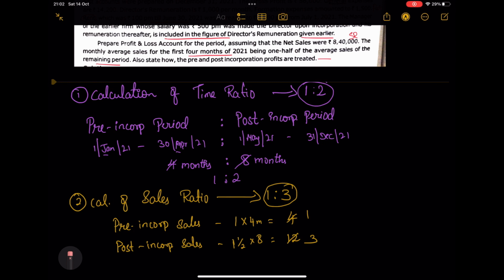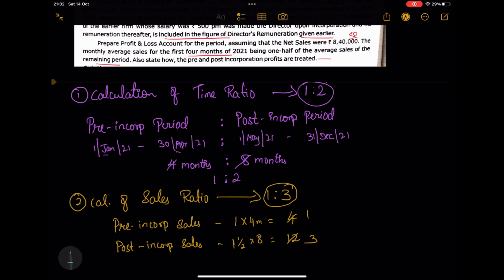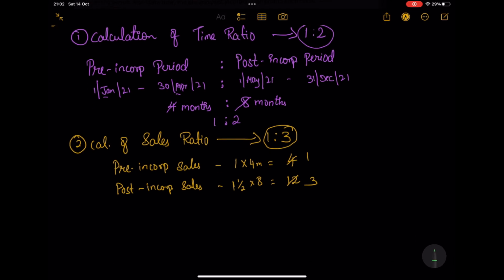So this is related to sales. Next, very much important, we are having a new concept where rent we are going to calculate. Calculation of rent. So what they have given in the question, they have mentioned rent which was 100 per month till June 30th 21.